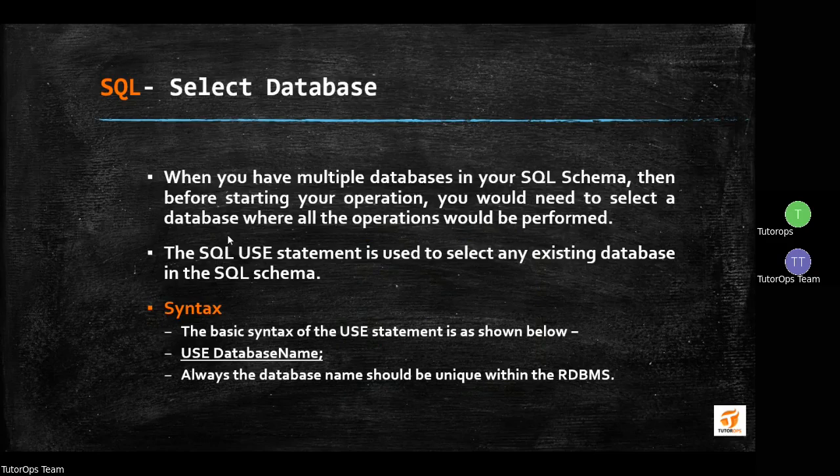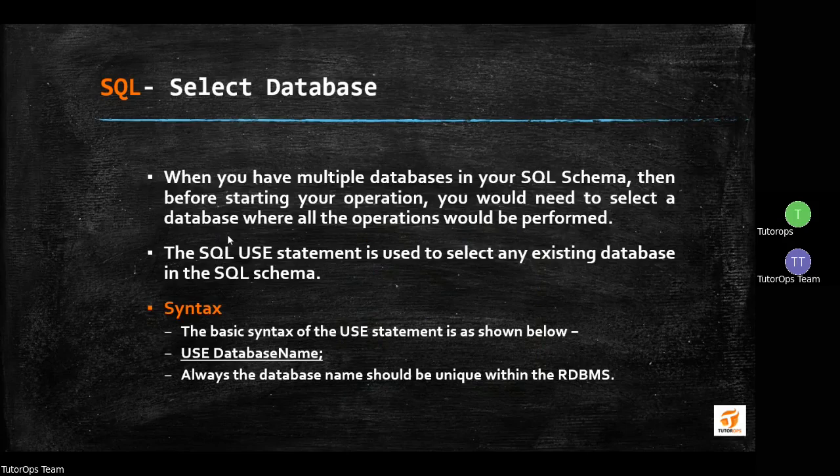This is the first step when you have multiple databases and you have to do any operation over one particular database. To do that, you have to use the syntax USE database name.